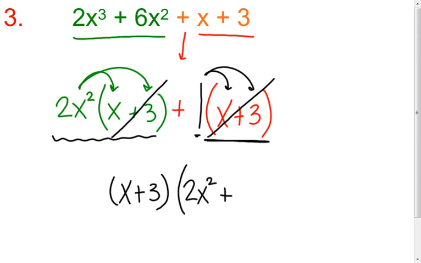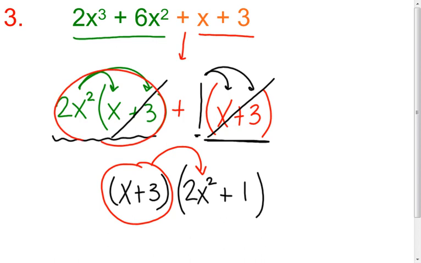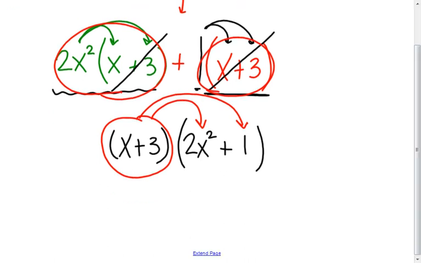So you need to have this say plus 1. Okay? Because now if I take x plus 3 times 2x squared, I get the green back again. And if I take x plus 3 times 1, I get the x plus 3 back again. Okay? So it needs to factor like that.